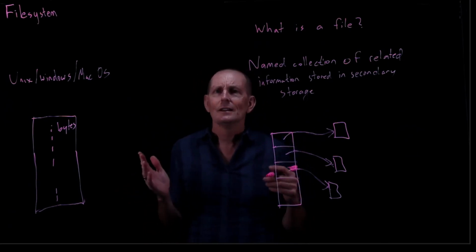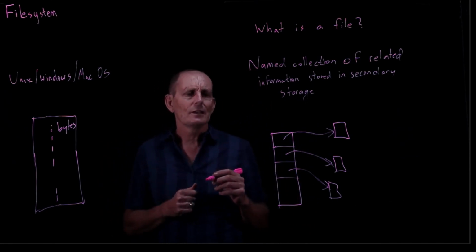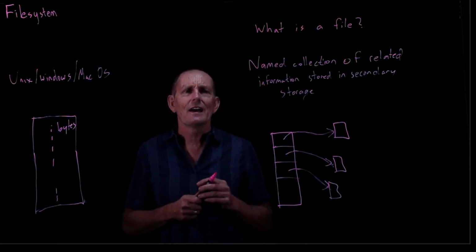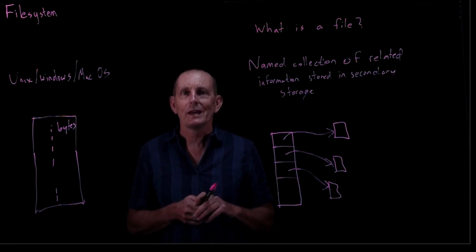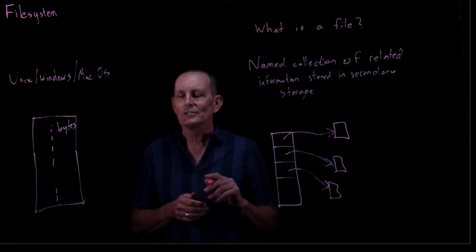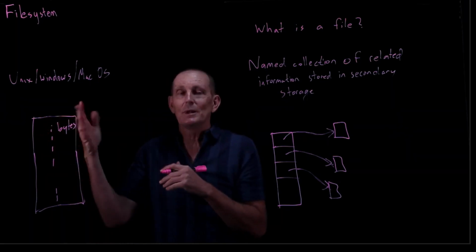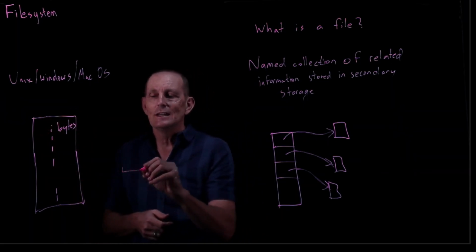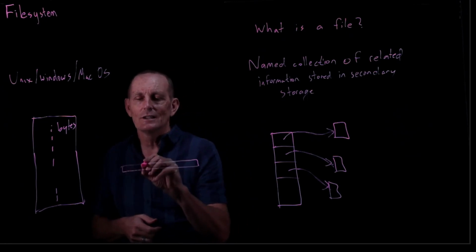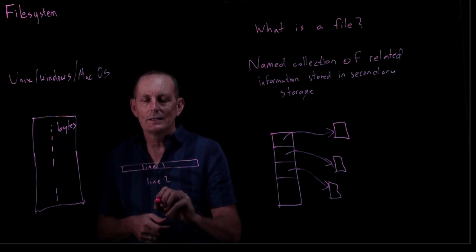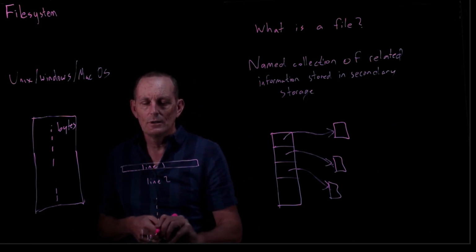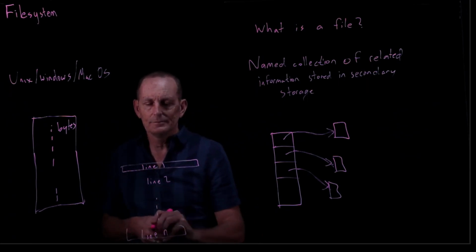Then we've also got intermediate things. Many OSs have had the idea that text files are different from binary files. So text files are, instead of a raw sequence of bytes that happen to have new lines in it, sequences of lines. So we'd have line 1, line 2, up to some line n.